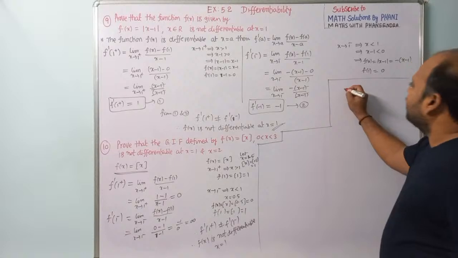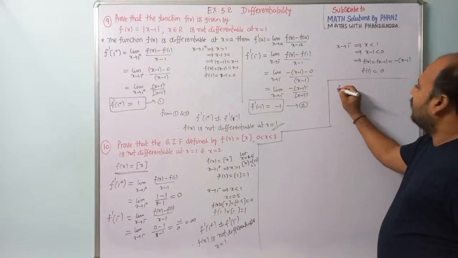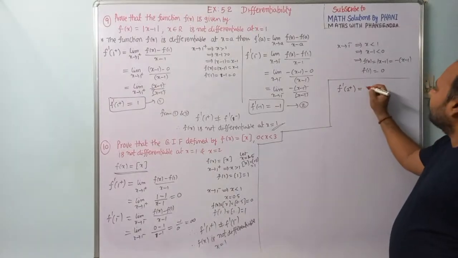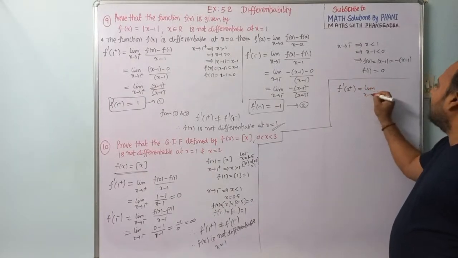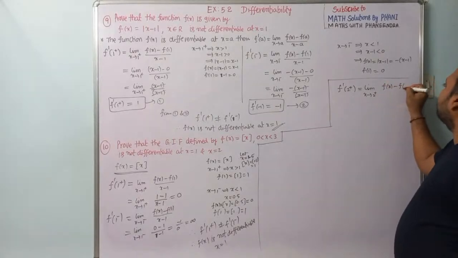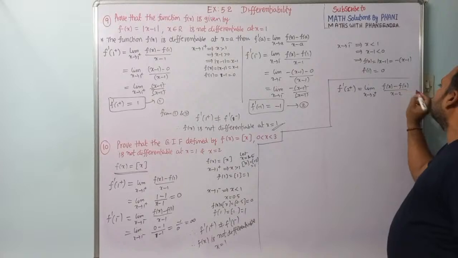Now, here I am checking next. f dash of 2 plus is equal to limit x tends to 2 plus, f of x minus f of 2 divided by x minus 2.